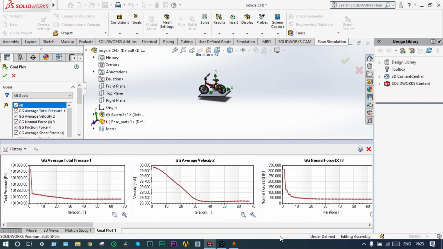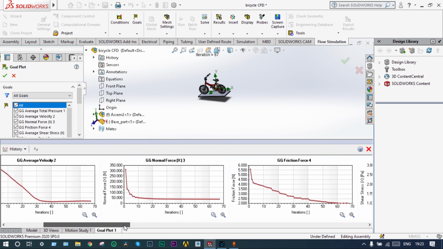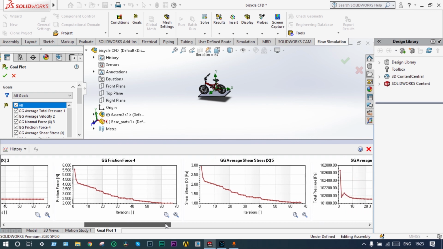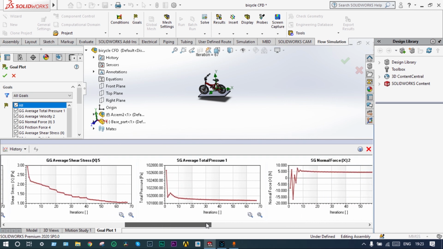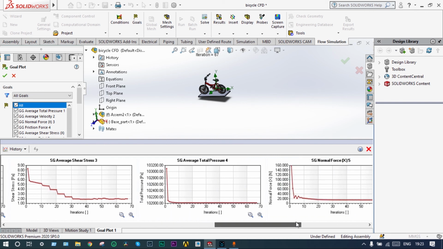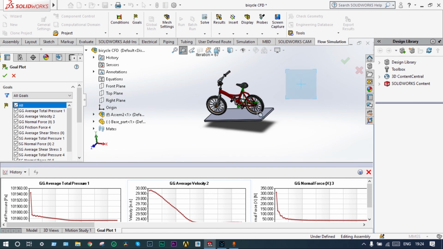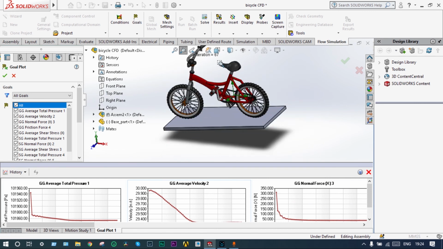Let's adjust the graph a little bit. Average velocity, normal force, frictional force, shear stress, all these things we can see here itself, right? And we can go for detailed analysis with this data. So this is all about today's aerodynamic analysis of a bicycle using SolidWorks.